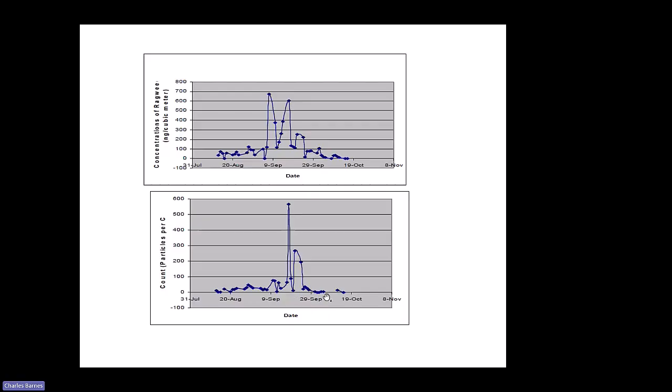You can see that even though the particles are not there, there can be ragweed allergen in the air. However, if there are no particles at all, there generally won't be ragweed in the air. We always thought this was very interesting data.